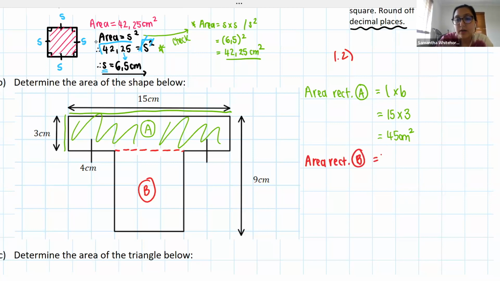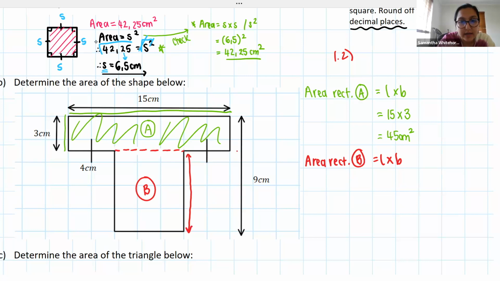Again, what I need is the length and the breadth. Now guys, be careful, right? You don't know what this length is, nor do you know what this breadth is. We're going to have to use the information we already have to figure that out. Firstly, I need the length, or how tall my rectangle is.